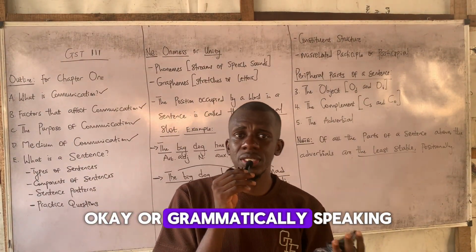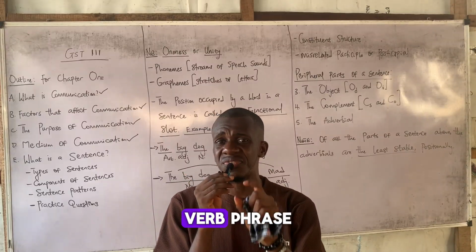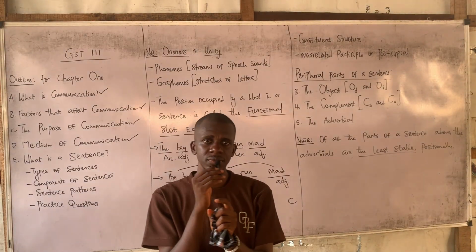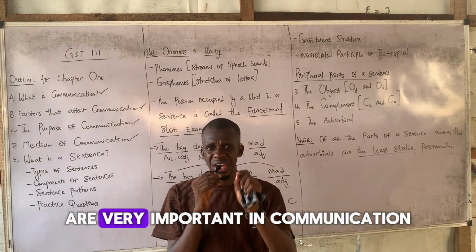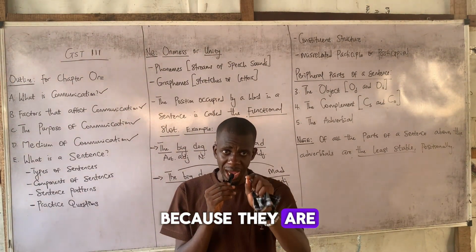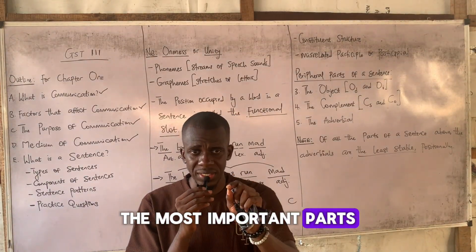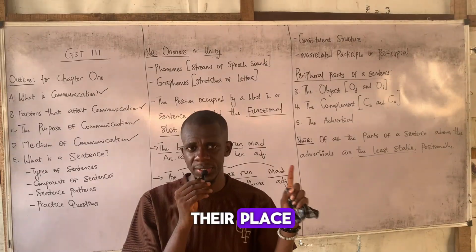Or grammatically speaking, a phrase is a collection of words that lack a finite verb phrase. So the subject and the verb are very important in communication because they are the most important parts of a sentence. So we cannot trivialize their place.